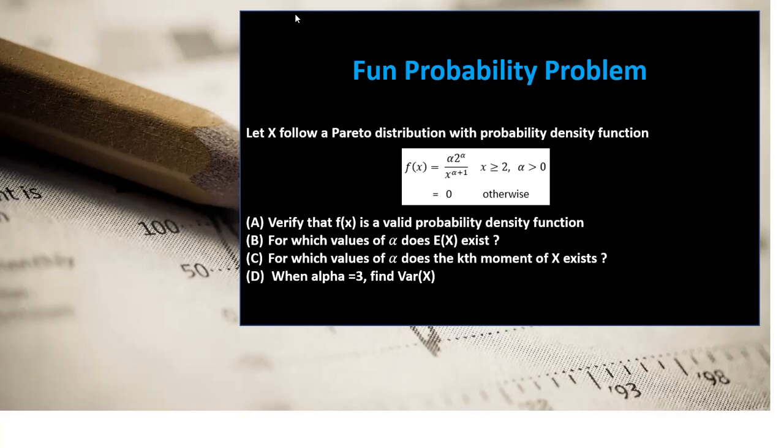Okay, so let's go to the whiteboard and start solving the problems. We have f of x, from the problem, this is the Pareto. So this will be equal to alpha times 2 to the alpha over x to the alpha plus 1, where x is greater than or equal to 2, and alpha is greater than 0.